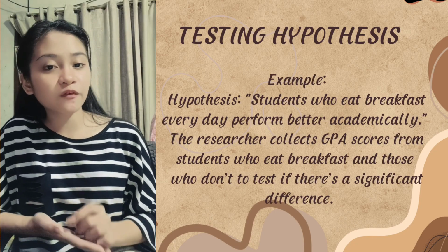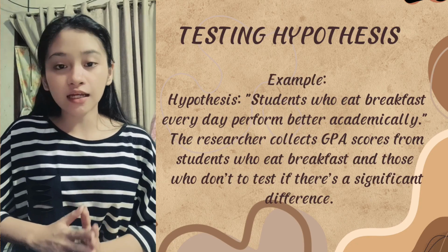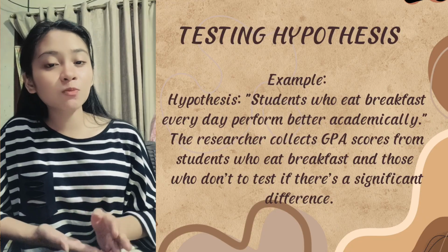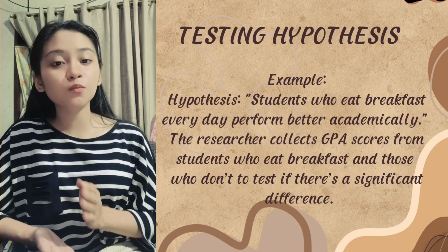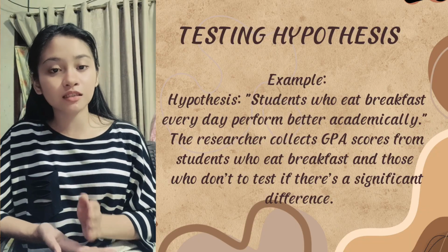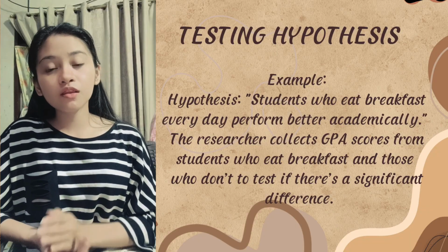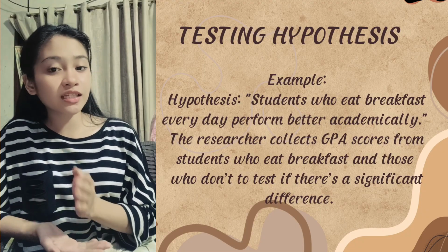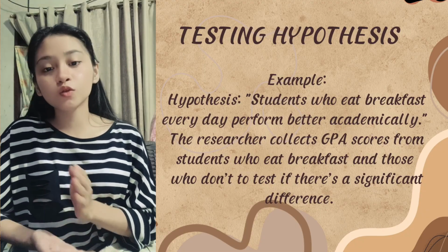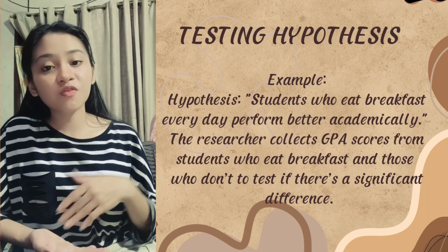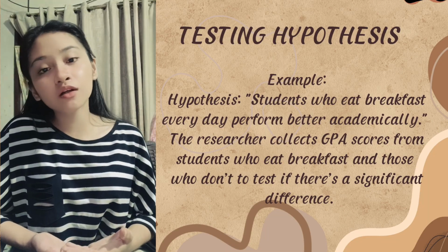Students who eat breakfast every day perform better academically. The researcher then collects GPA scores from students who eat breakfast and those who don't to test if there's a significant difference. So in this, we will see whether the educated guess or hypothesis is true or not. The research will then prove if the hypothesis is valid or null.